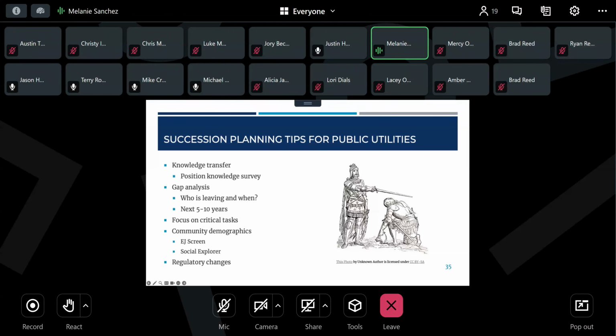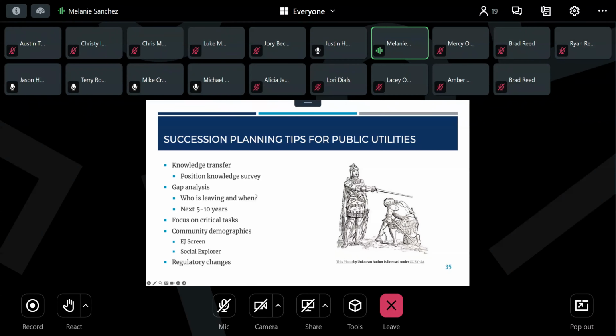And EJ Screen is through EPA. And then another helpful tool is Social Explorer. Social Explorer allows you to see maps and summaries of communities, and you can really dig into specific demographic information that you need. There's also so many maps out there that are useful for this as well. And I think maps are one of the more important pieces of data that we can look at.